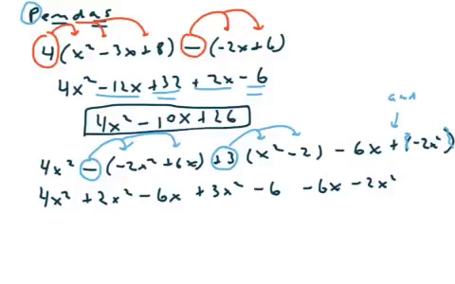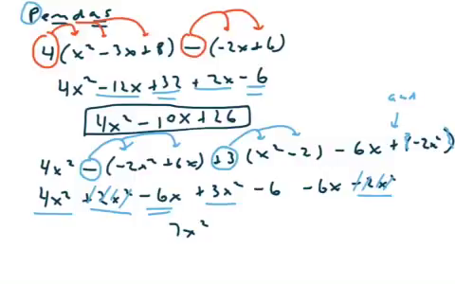All right, now I'm looking to combine like stuff. So look out front for the x squareds, and I've got 4x squared, I've got 2x squared, I've got 3x squared, I've got negative 2x squared. Interestingly, these two are additive inverses. They will go away. 4x squared and 3x squared is 7x squared. Let's go to our x's.